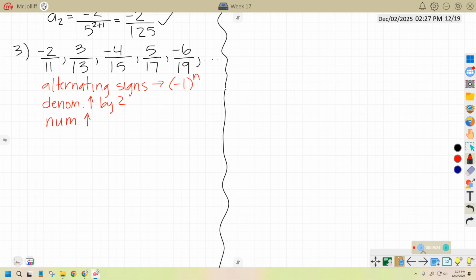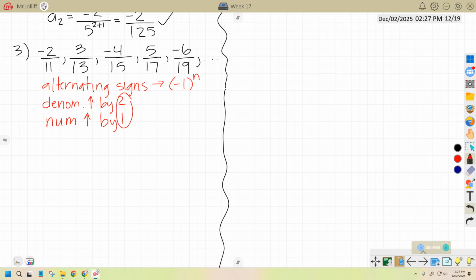Ignoring the sign, it's increasing because it's getting bigger every step. Bigger by how much? 1. Yeah, by 1. I know that the steps between each term turn into a multiplication problem when I write my equation.